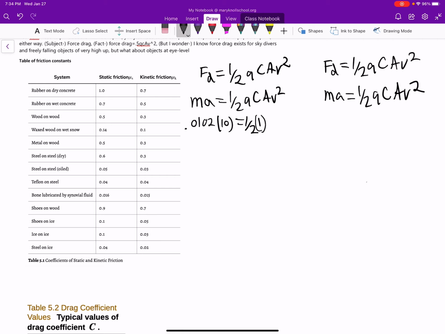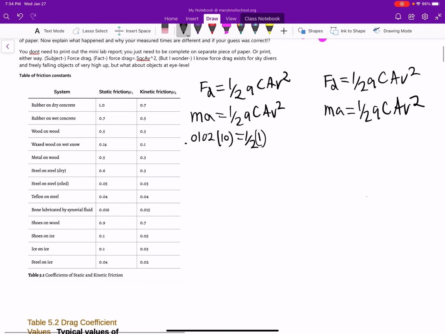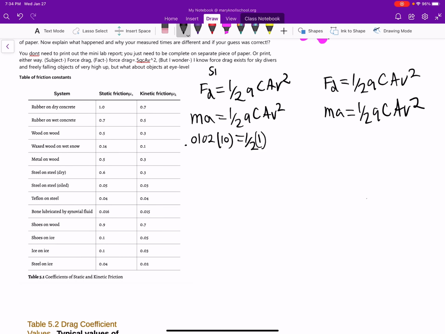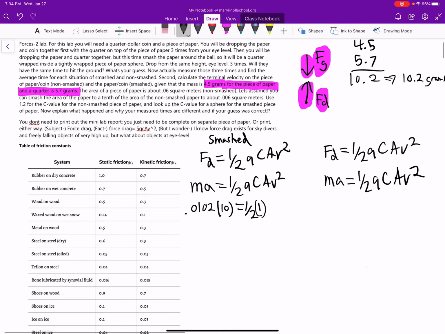Now we need the C value. So this is going to be, let's say this is smashed. So let's look for the smashed C value.